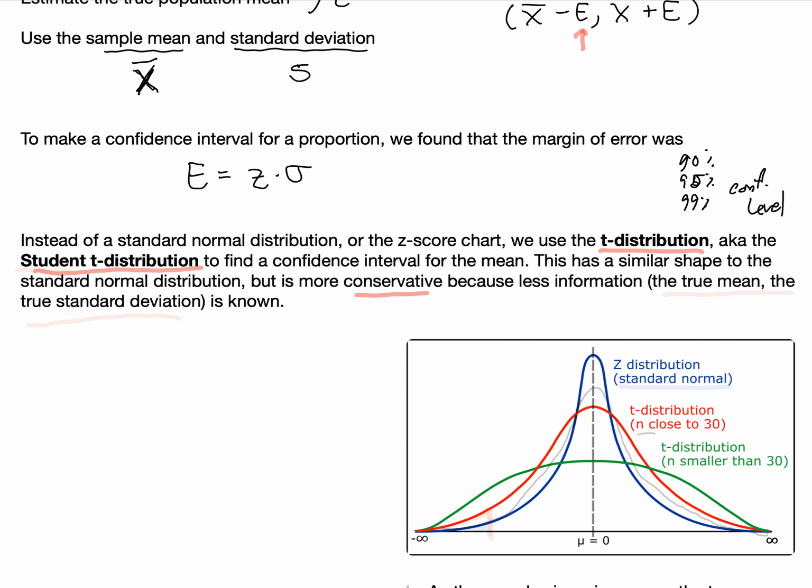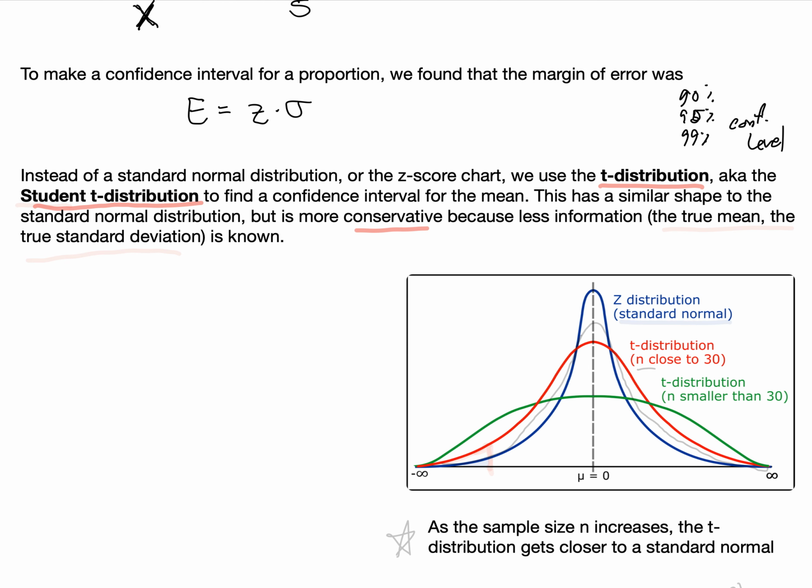Because he was working for a company with intellectual property laws, he wasn't actually allowed to publish it, but he really thought it was important to get out into the world, so he published it under a pseudonym, Student, instead of his actual name, so that he wouldn't get in trouble. So that is why it's called the student t-distribution.